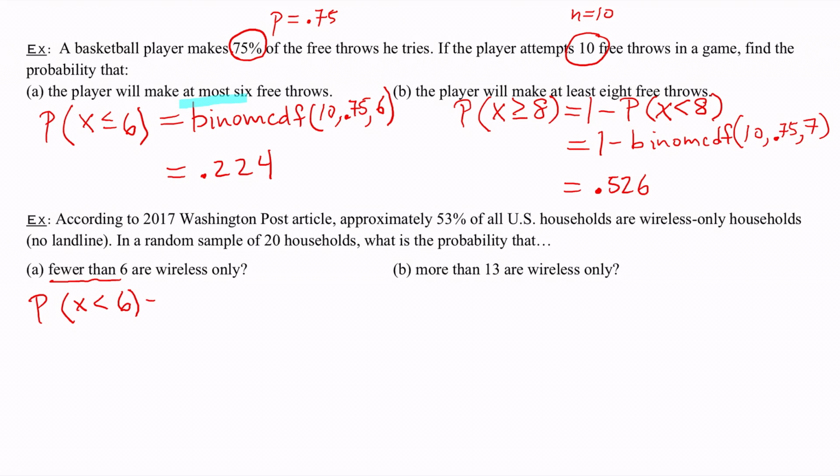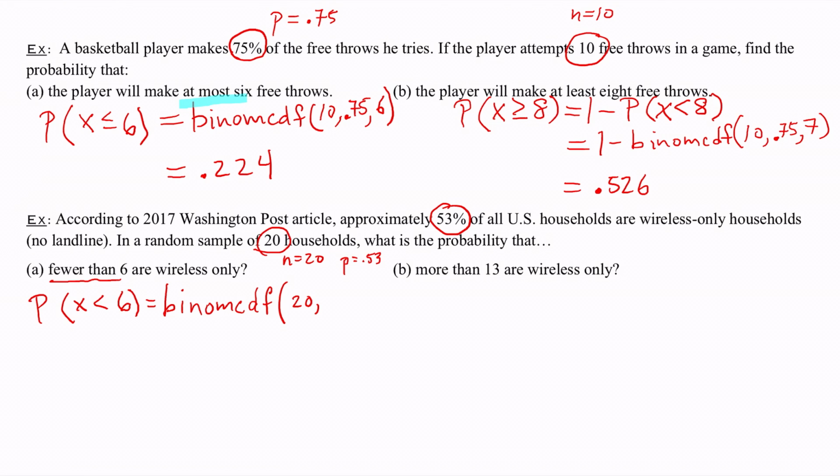And we know that here, our binom CDF will start with 20 households sampled, so the number of trials is 20. We had a probability of success of 53%, so we'll use p is 0.53.